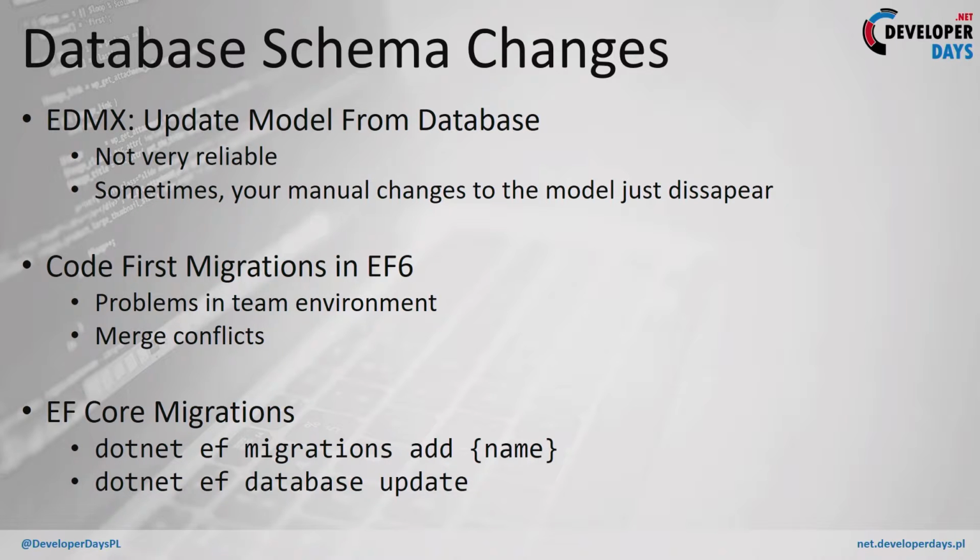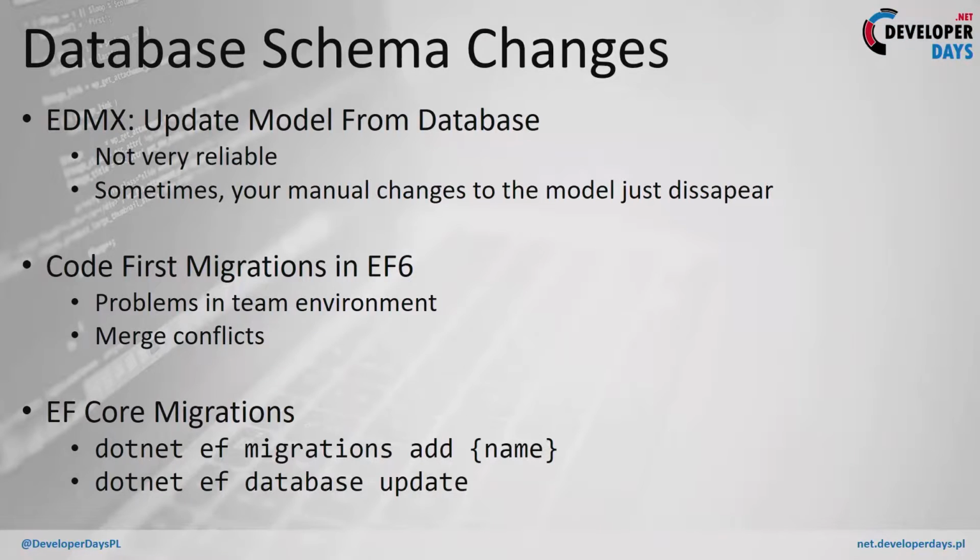Maybe a question: who is using Entity Framework migrations? About a third of the people. Okay, so there are some problems in the team environment. If two people add a migration and then you commit, it works somehow. But if somebody else runs the migrations, it will break, and one of the migrations won't get executed.